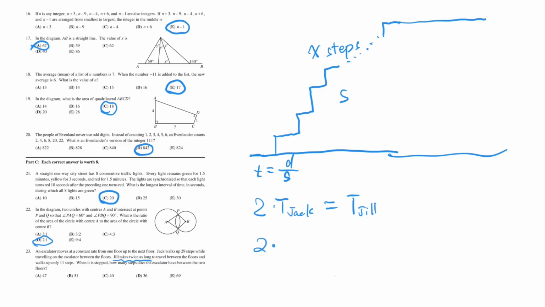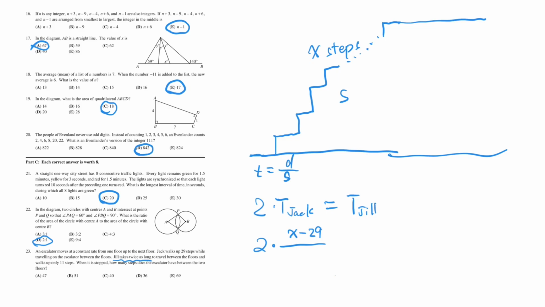That means 2 times Jack's distance is x minus 29. Jack walks up 29 steps. X minus 29 is what the escalator automatically moves up.